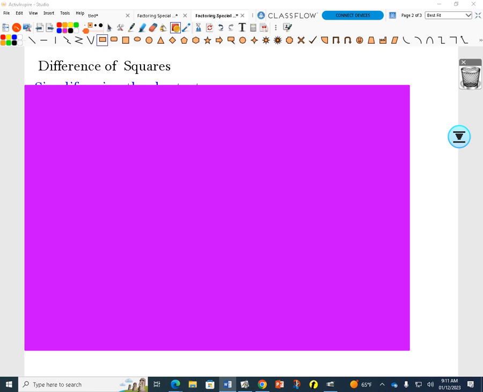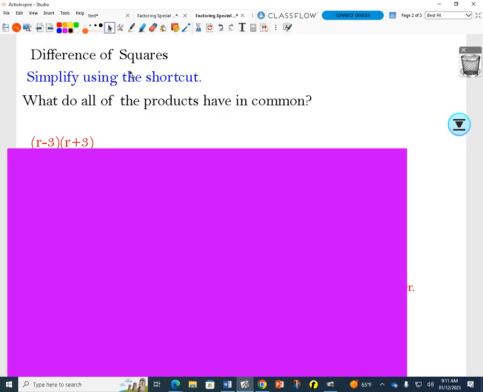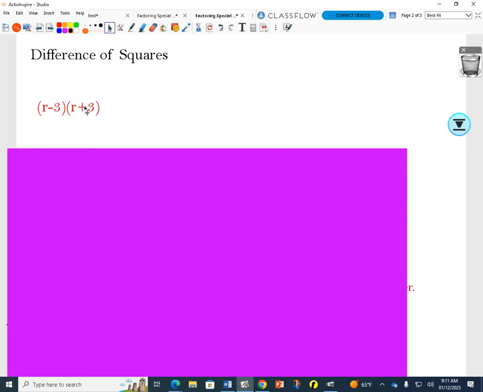We're not going to like that. So these are the factors. So a difference of squares is a special product.